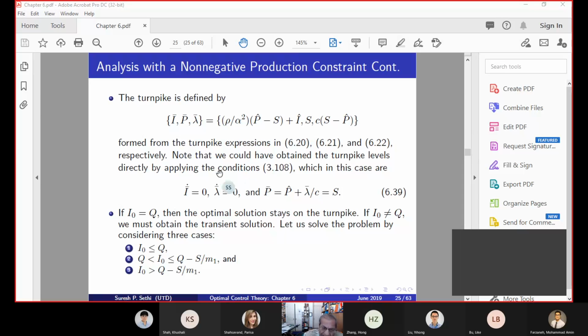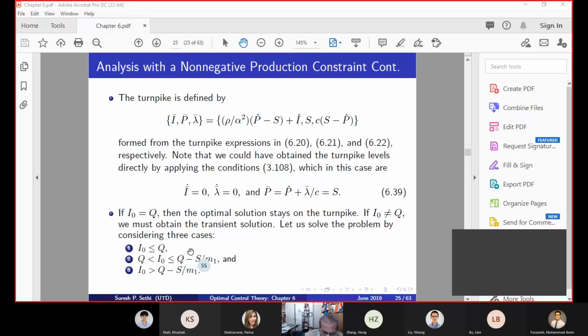So we have three cases. We know that if I0 is less than Q, the inventory is very small anyway, so there is no reason for us to produce 0. That means the unconstrained production will be positive, and the solution that we obtained is good enough. It's also optimal.